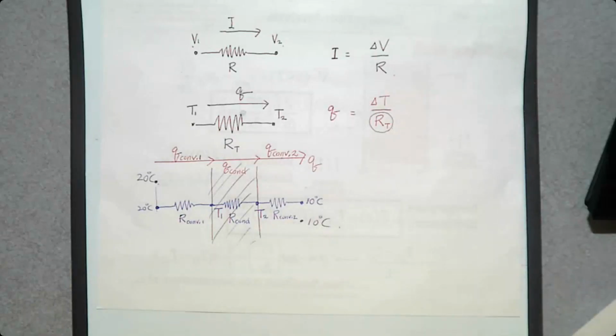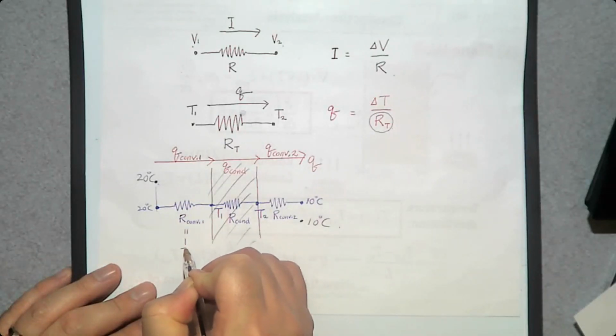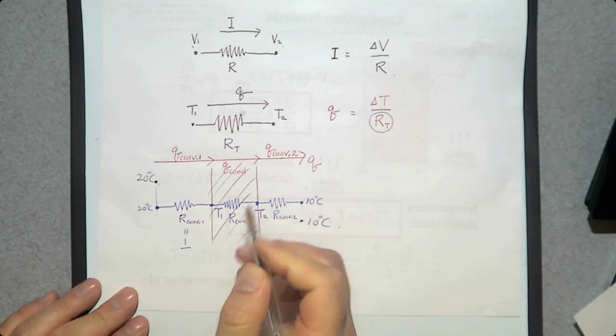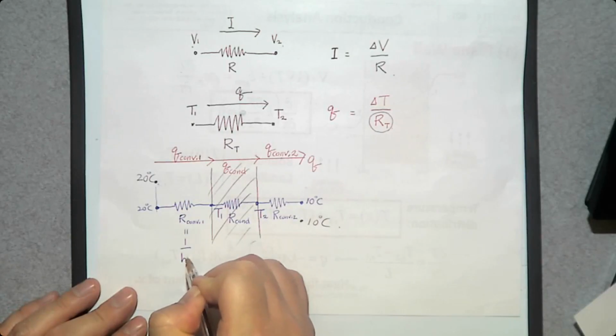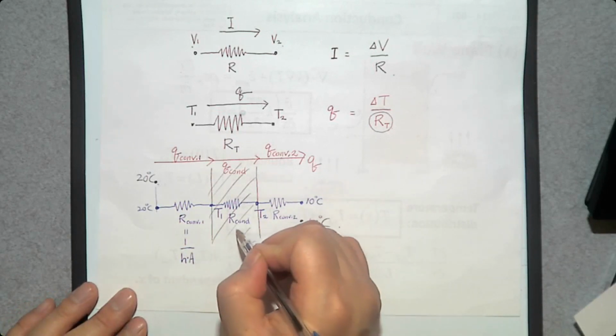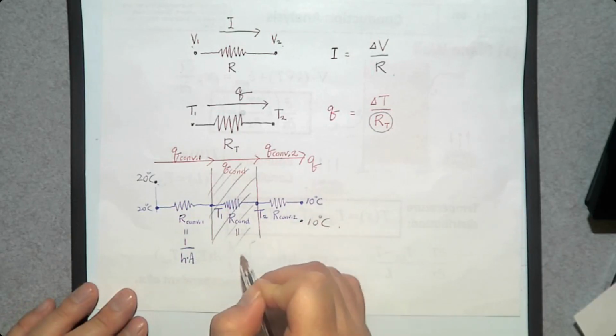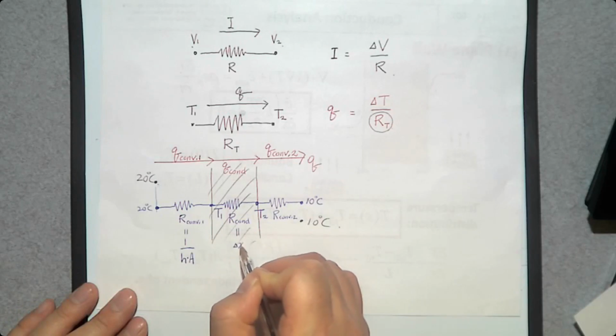R of convection is one over H, convection coefficient, times cross-sectional area, which is the surface area. And this conduction heat transfer is delta X, which is the distance.